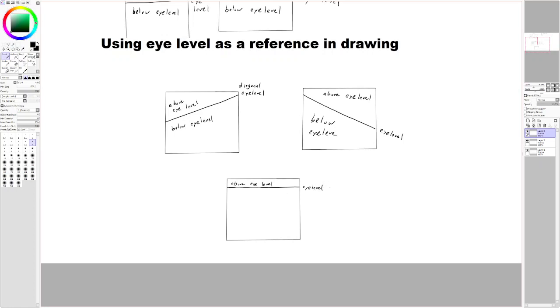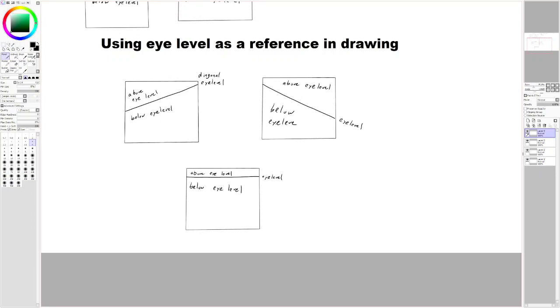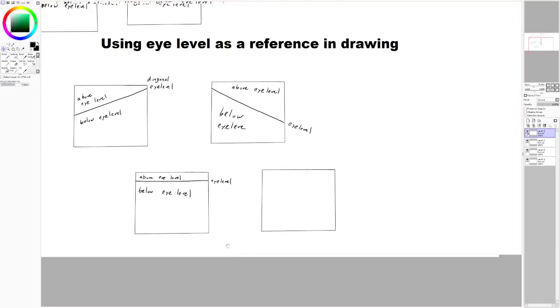Eye level is 2 words, by the way. You're seeing that I'm writing it as 1 word. I'm going to chalk that up to my exhaustion for the day. When you have things like these, I think this is a bad example. Let me give another example to show you.